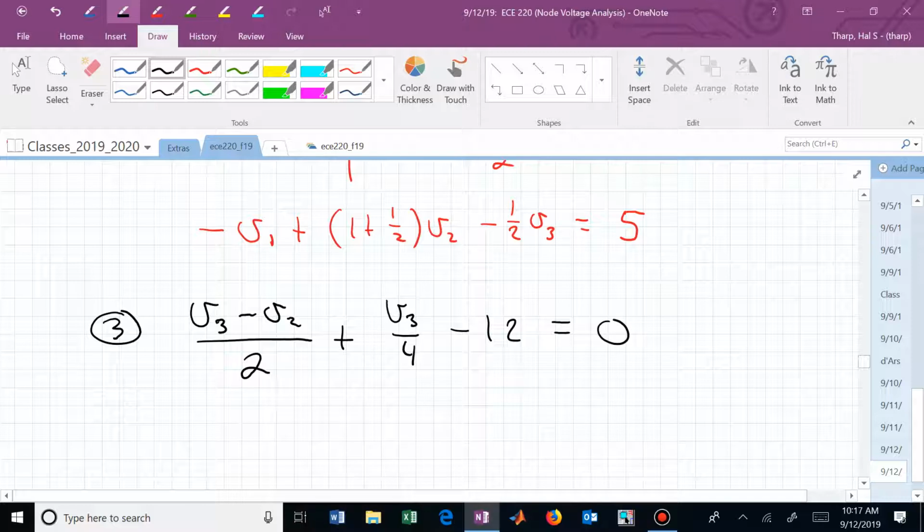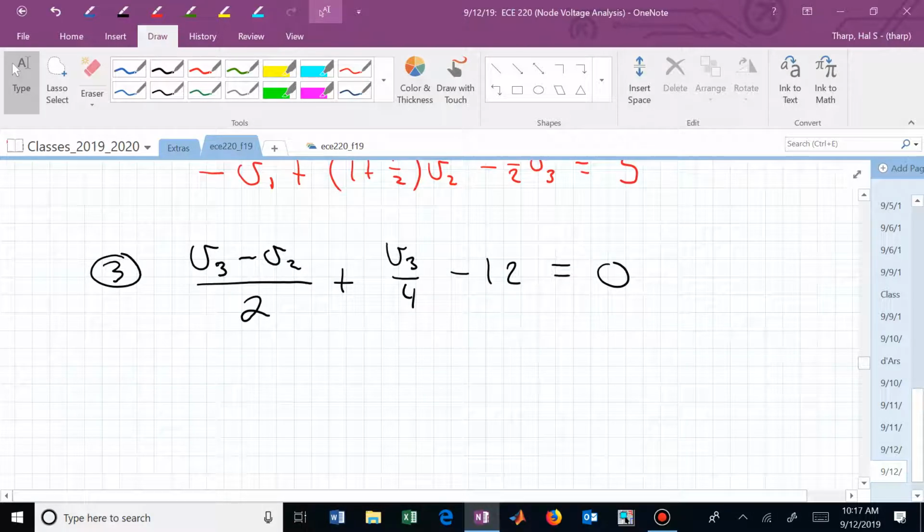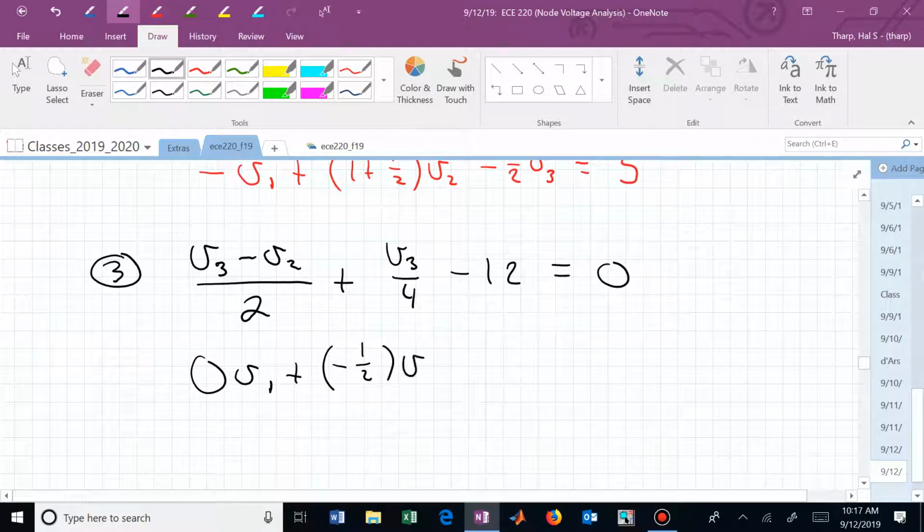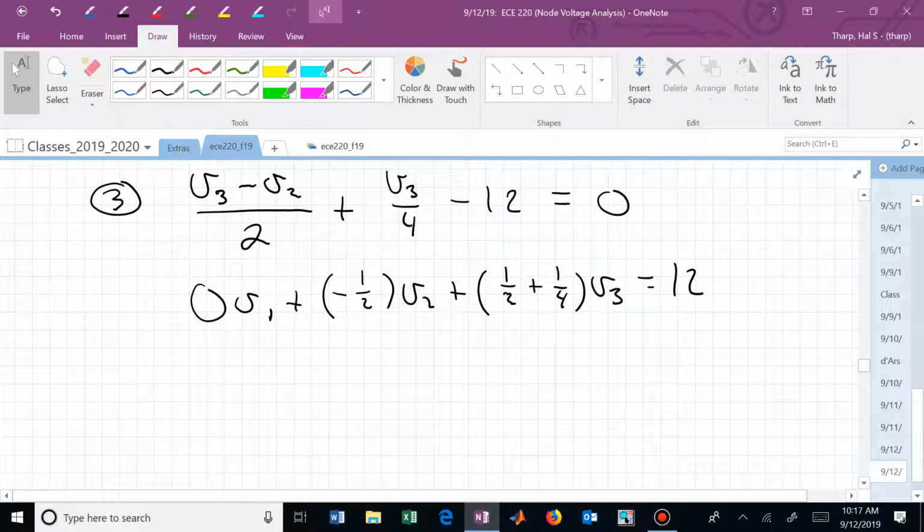And all of that equals 0. So now I have 0 V1 plus, or minus 1/2 V2 plus a 1/2 plus a 1/4 V3 equaling 12.